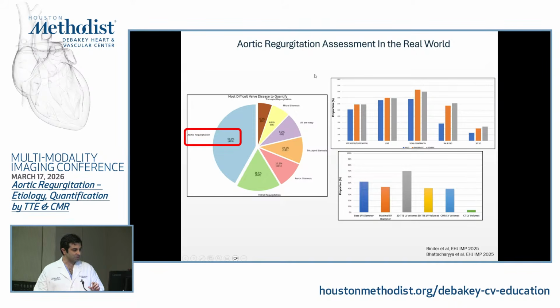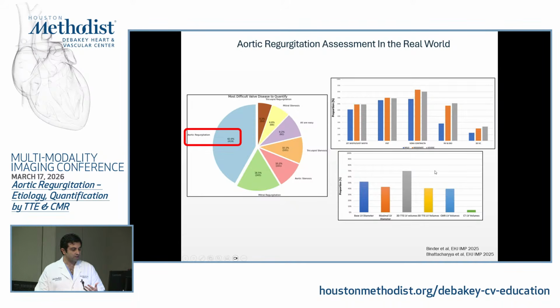More importantly, when we go through all of these things, the pressure half time, the vena contracta, all these parameters, look at what the respondents said in terms of how many of these they're actually measuring and how many they're reporting. So things like 3D vena contracta is a very small minority. Regurgitant volume and ERO, even in the severe cases, is only about 60% of patients that people are measuring and reporting.